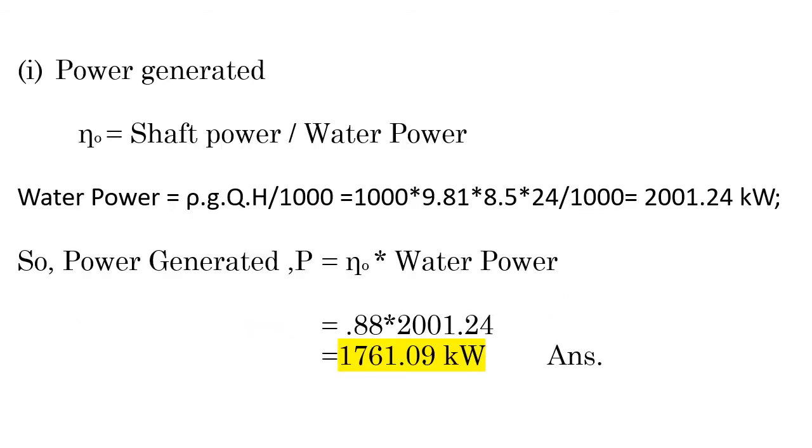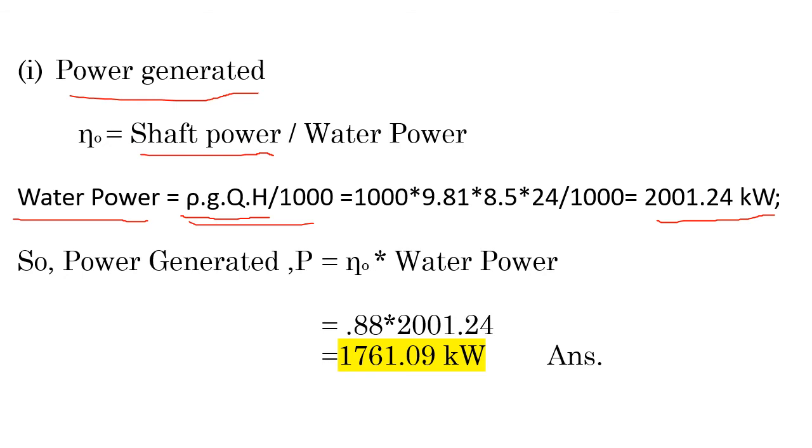First, we have to calculate power generated, that is shaft power. For that we first calculate water power, and by putting all the values of rho, G, Q, H in this formula, we find that water power equals 2001.24 kilowatt.